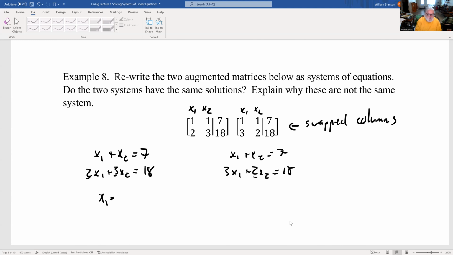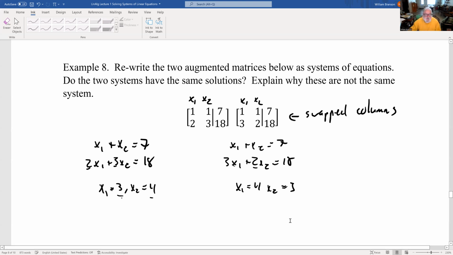Here we have x1 equals 3, x2 equals 4 as the solution. 3 plus 4 is 7, 6 plus 12 is 18. But here we have x1 equals 4, x2 equals 3 as a solution. 12 plus 6 is 18. So the solutions have switched around.